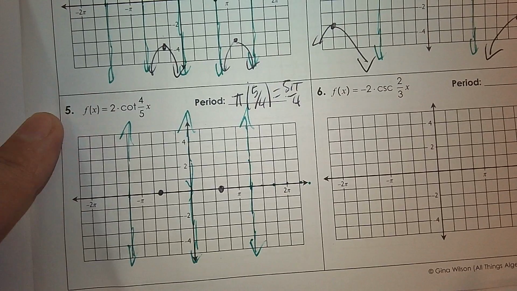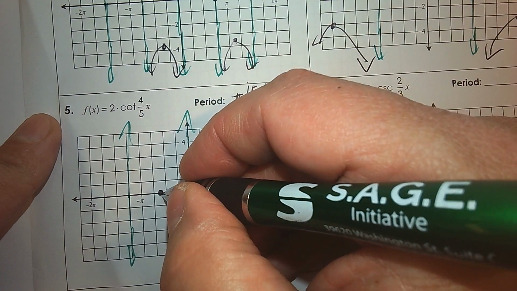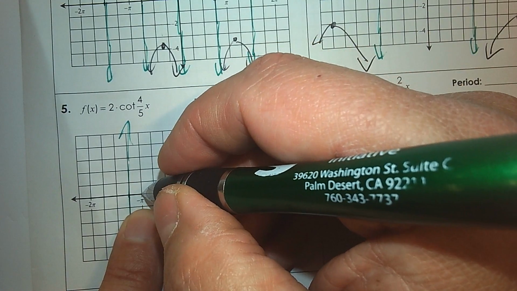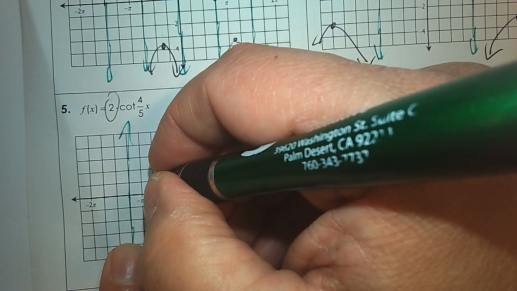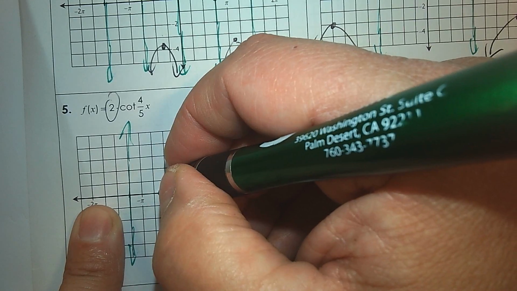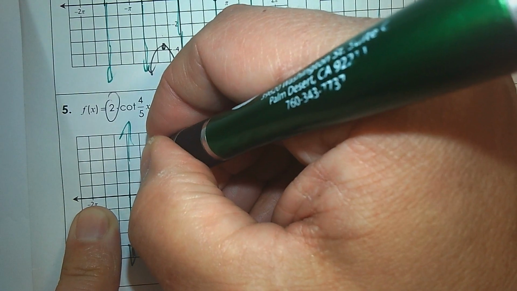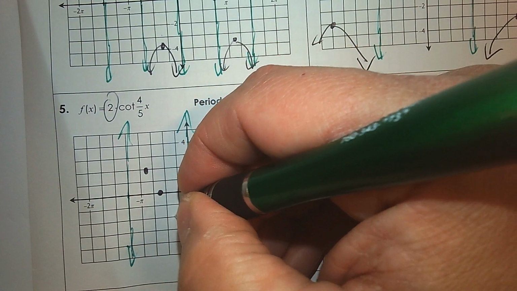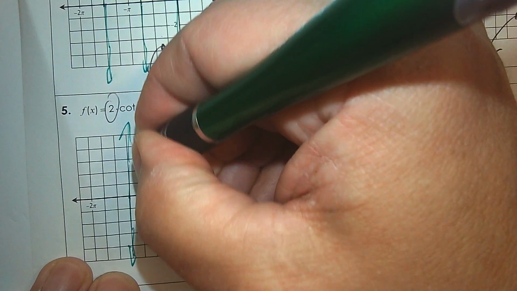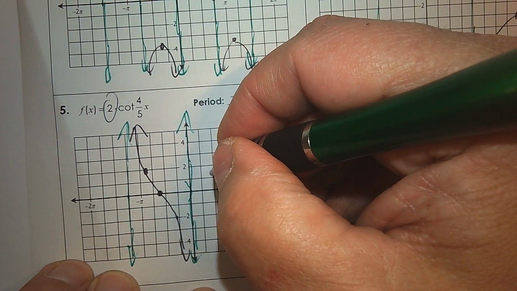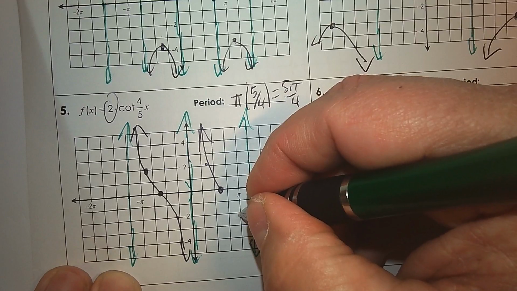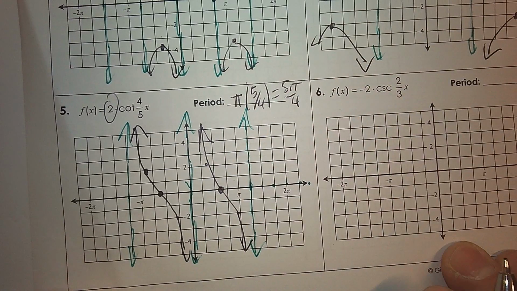Then, in the middle there, it would go up to 2. And go down to -2. And you have your picture.